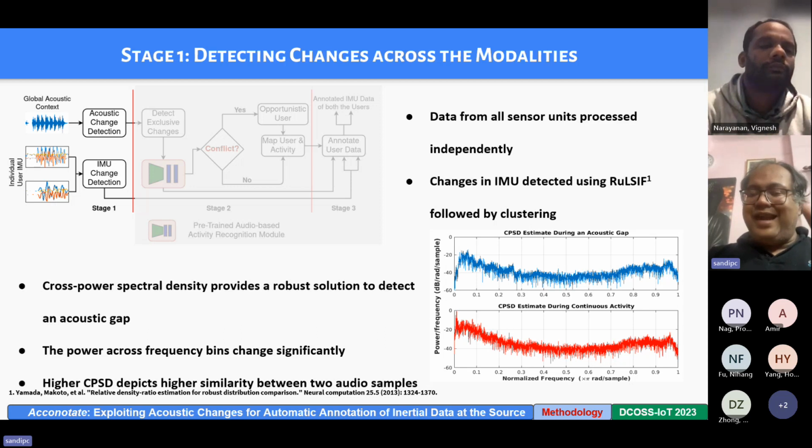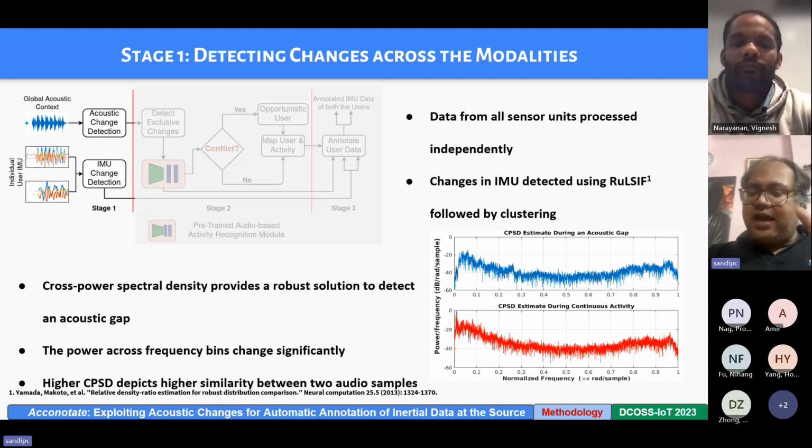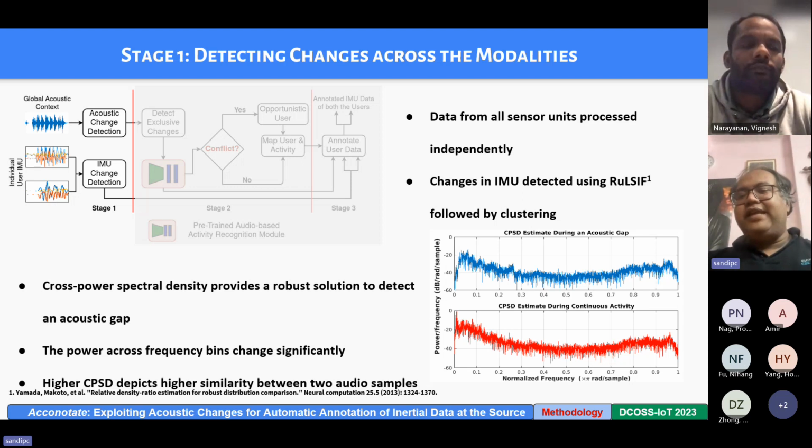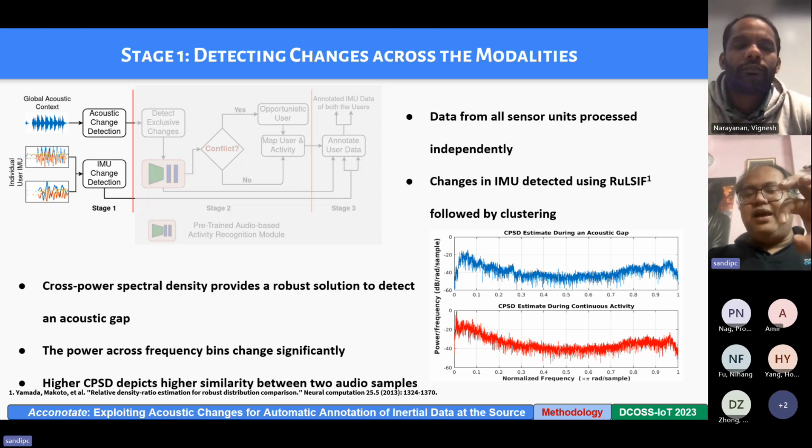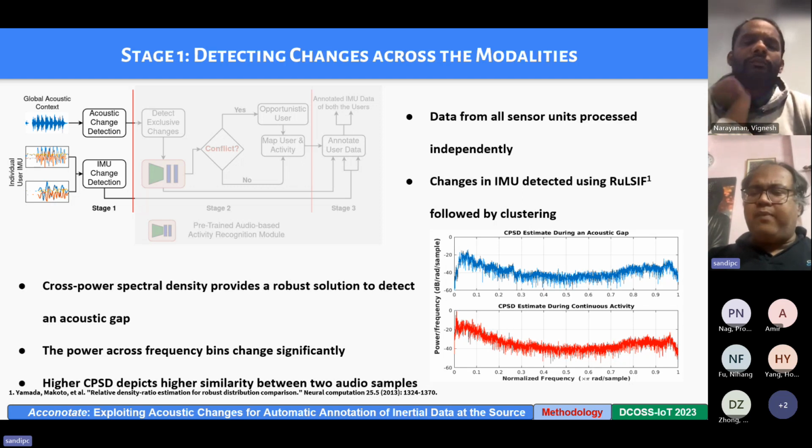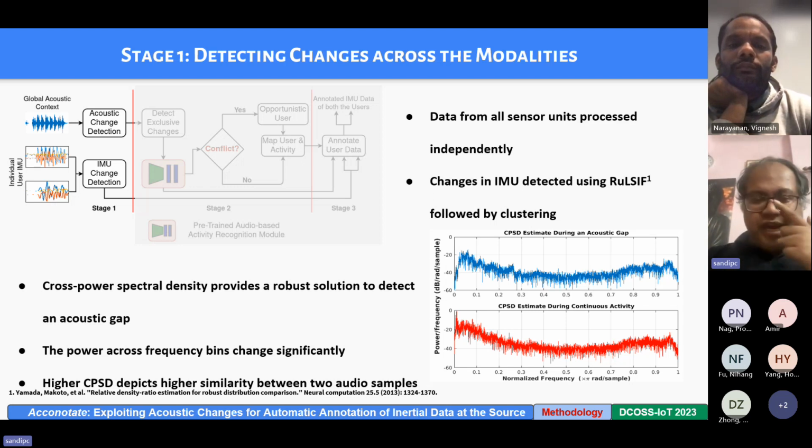That means it can tell me that, in the convoluted acoustic signal, if the signal is convoluted from 2 different sound sources, then at this particular time zone, only the sound from a single source is present. That means for the second sound source, there is an acoustic gap at that point of time. Basically, the value of the cross power spectral density goes to a lower flat at that point of time.